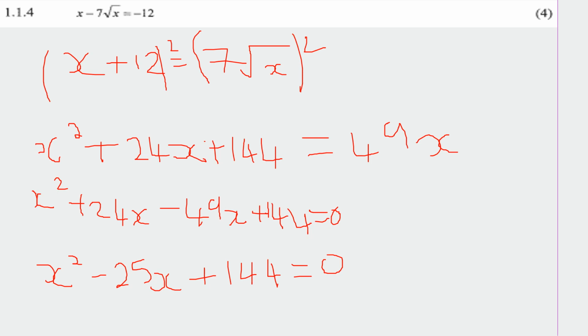So now when you are here, you can either use the quadratic formula or you can factorize. But if you know you're not good at factorizing, you can use the quadratic formula. Even if you are good at factorizing, the quadratic formula is actually good. You cannot make a mistake when you use the quadratic formula.